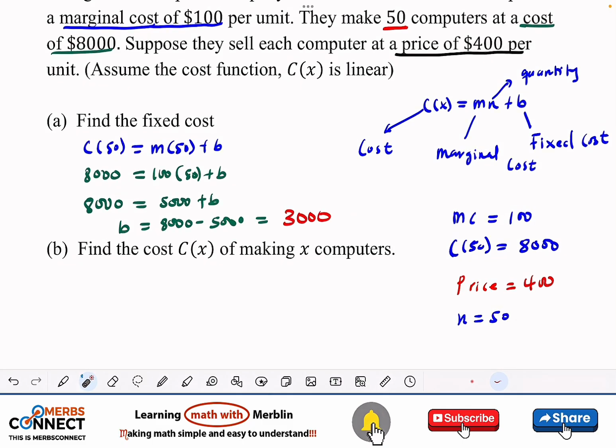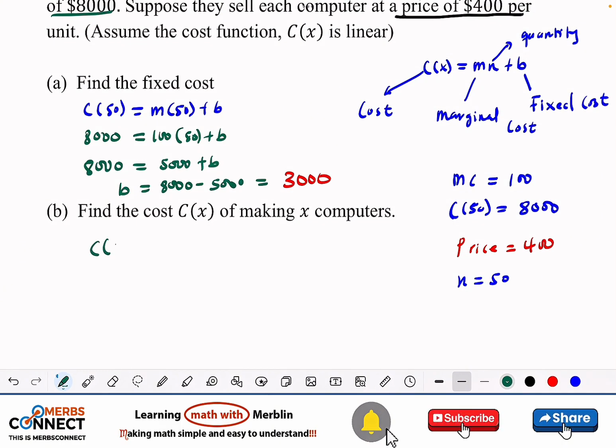Good. Now the question is, find the cost of making x computers, right? So now we want to find cost, in terms of x. So this is going to be C of x is equal to, we know the slope, which is m, the marginal cost, which is 100. So 100.